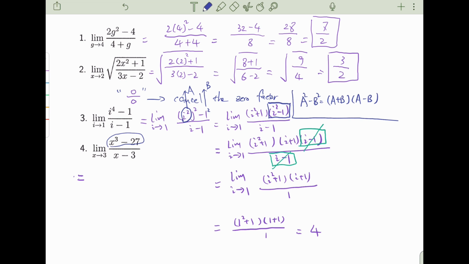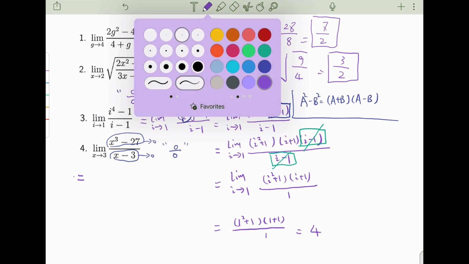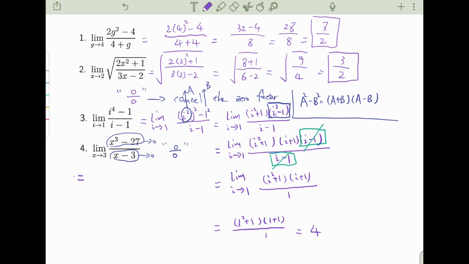So the top goes to 0, the bottom also goes to 0. So it's exactly the same type, 0 over 0, right? That means you have the 0 factor in the top and in the bottom, so you need to do the factorization.